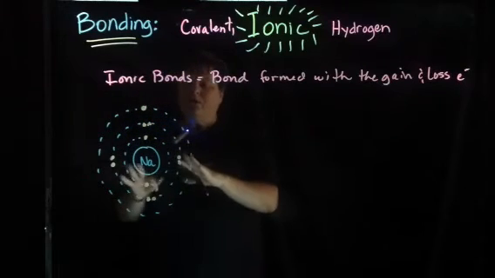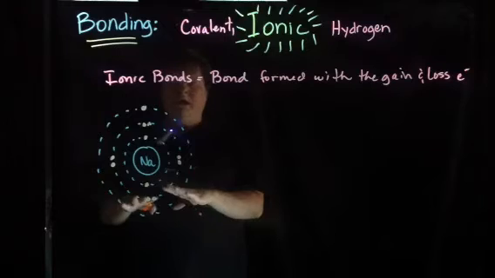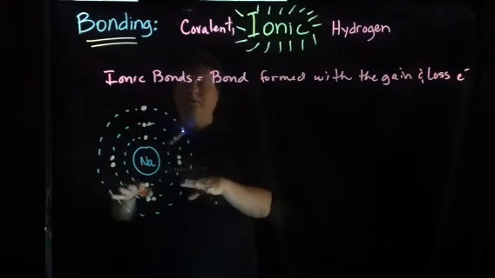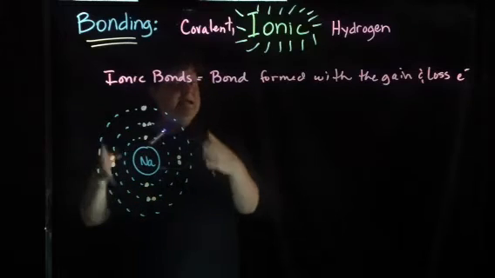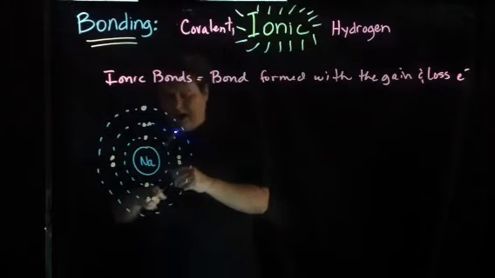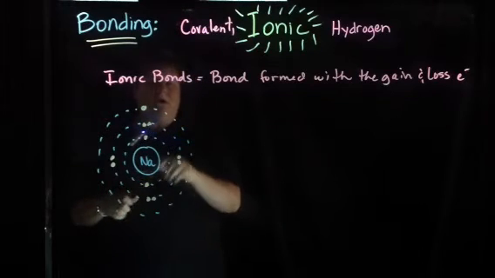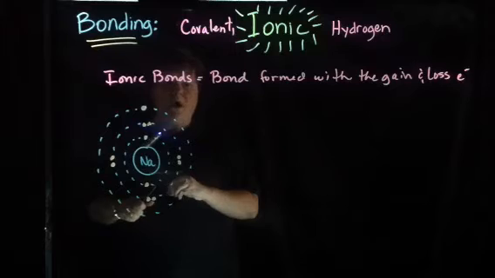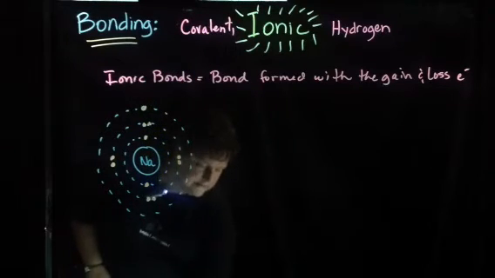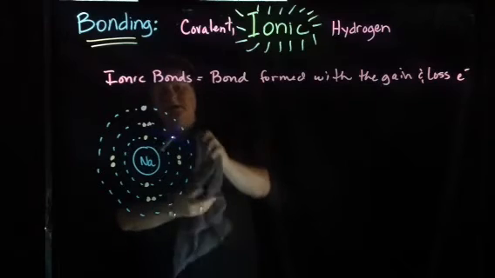Now, in order for sodium to fulfill that octet rule and fill this outer orbital, it either needs to gain 7 electrons or lose 1. Now, it's going to be far easier for sodium to get rid of this 1 than to gain 7. So, let me get my eraser here.